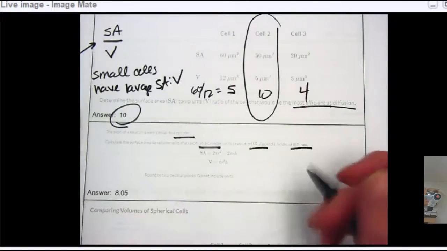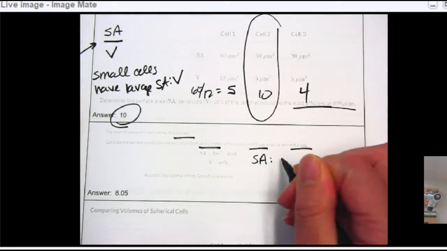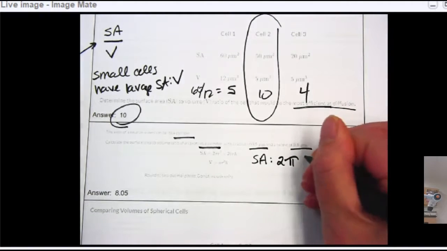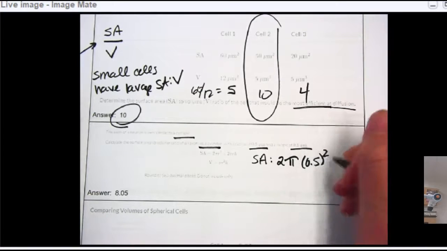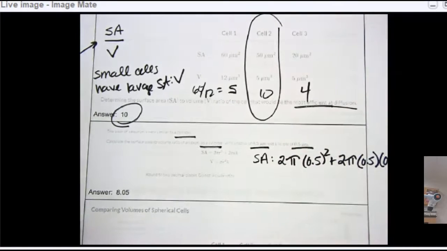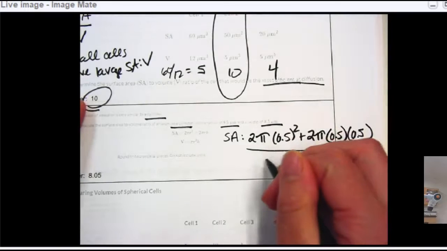So surface area would be 2 pi 0.5 squared plus 2 pi 0.5 times 0.5. And then we would divide by our volume, which would be pi.